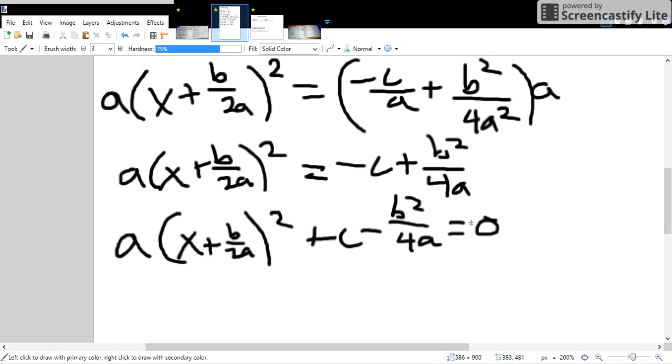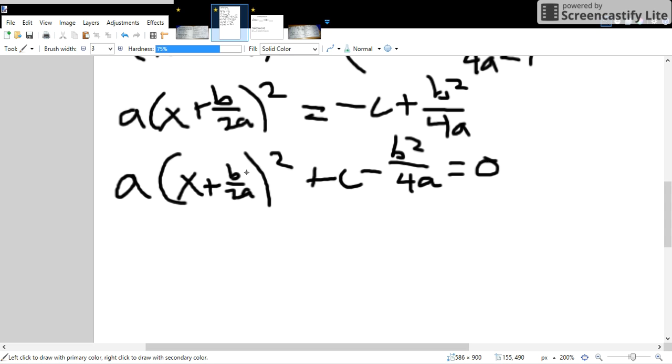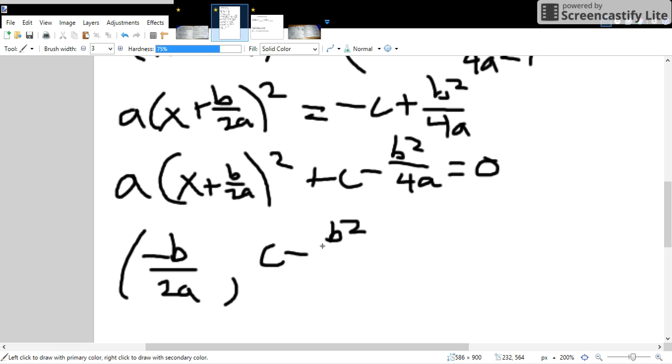So now we have it in vertex form where negative b over 2a is our h and our k is c minus b squared over 4a. So basically we have negative b over 2a comma c minus b squared over 4a, which is the same thing as plugging this into the equation.